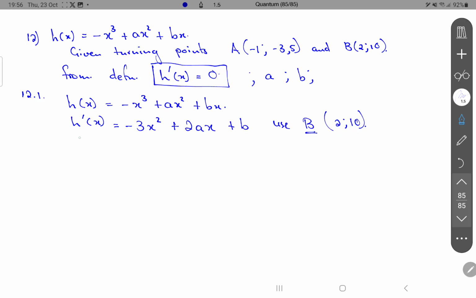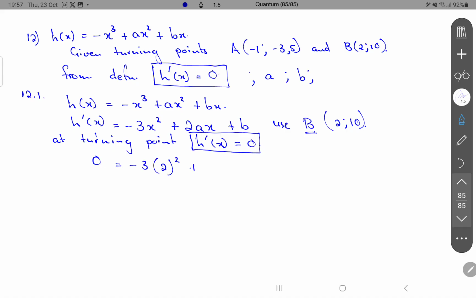So here, remember that at a turning point, we are basically saying our h prime of x is definitely 0. This is the golden principle we are going to use. So we say 0 is equal to negative 3 times 2 squared plus 2a times 2 plus b.